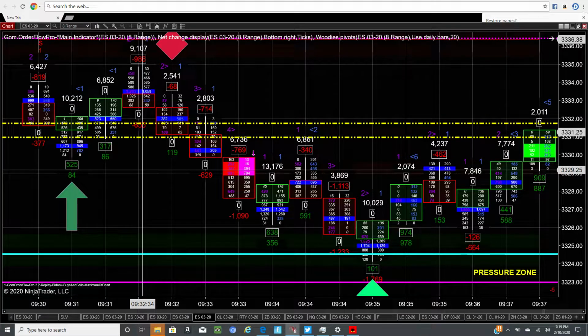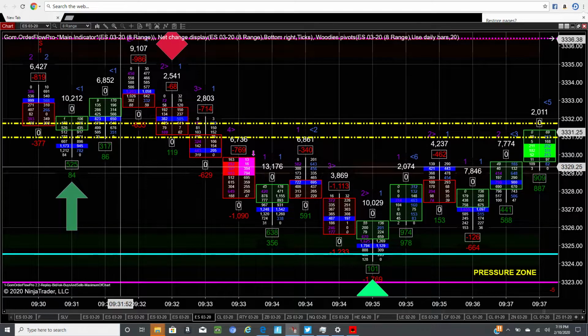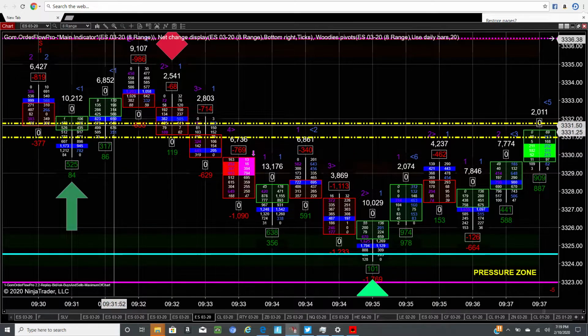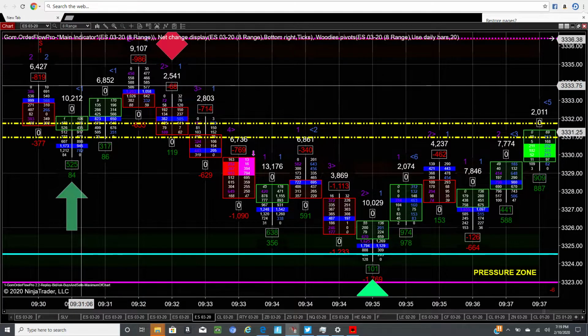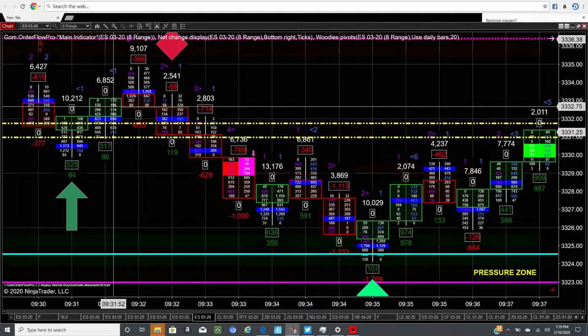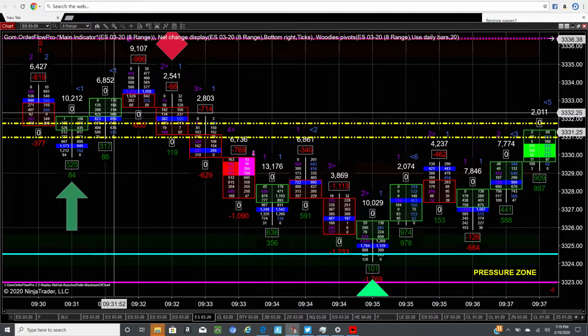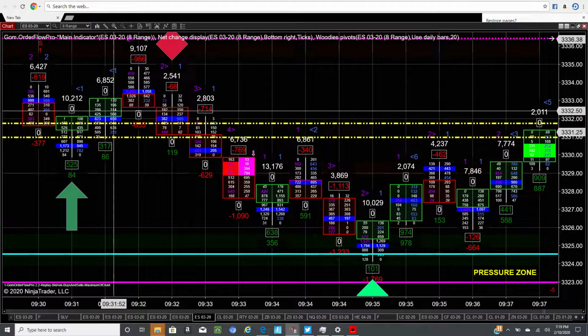So that is the anatomy of what you're going to have to know for what I'm going to show you today. There's other stuff going on here, like order imbalances and all the contracts that went off at what price on the bid or on the offer, but we're not even going to get into that.